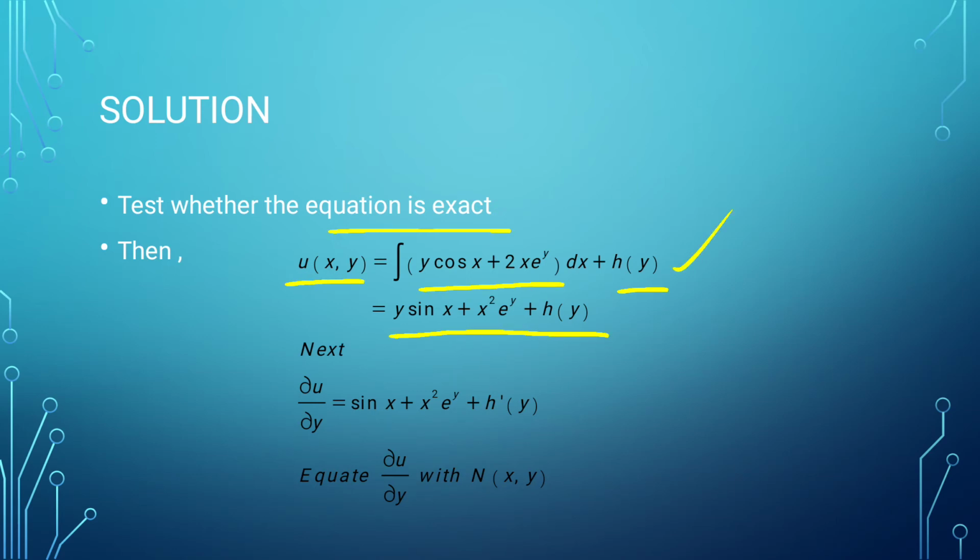The next step is to get du/dy, the partial derivative of u with respect to y, and you'll find that this is now the solution that we are getting. Next is to equate the partial derivative of u with respect to y to N. Remember N from our equation.